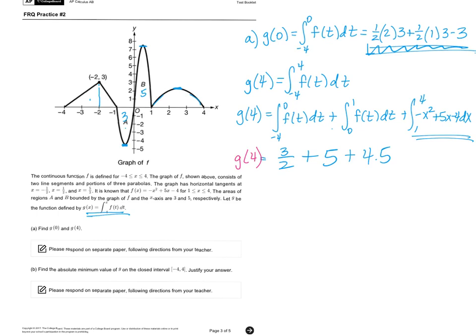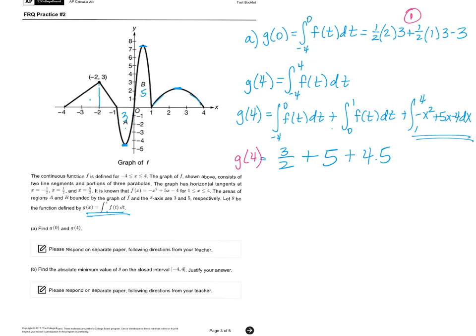Where the points came in, you got 1 point for g of 0. Again, whether you left it like this or put 3/2, it would be full credit. But if you miss out and you put 2/3 because you just got silly and meant to put 3/2, y'all, you don't get the point. That's why I'm saying, just learn to know when to stop, and then figure it out if you need it for a later problem.